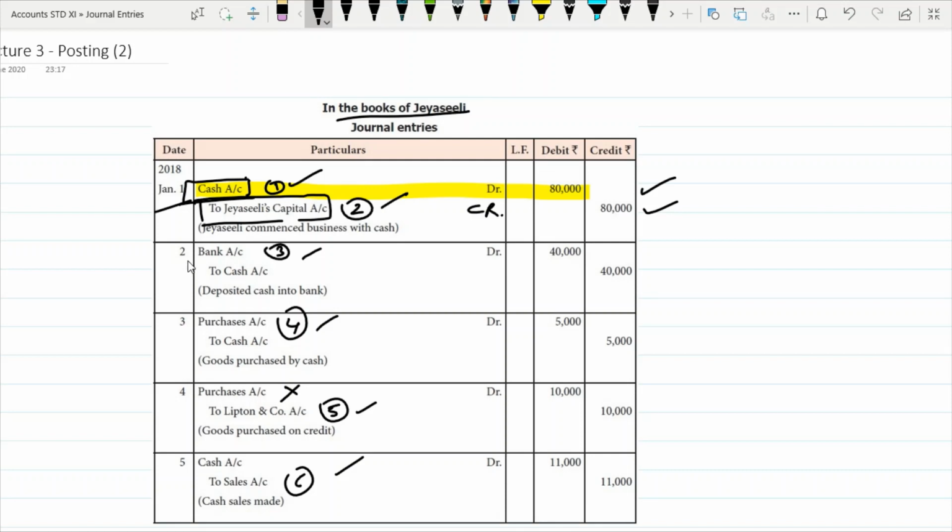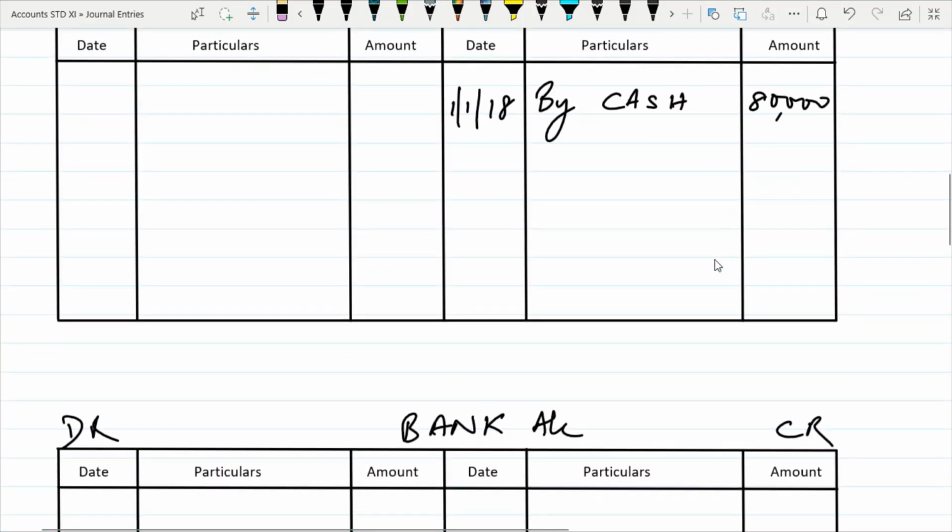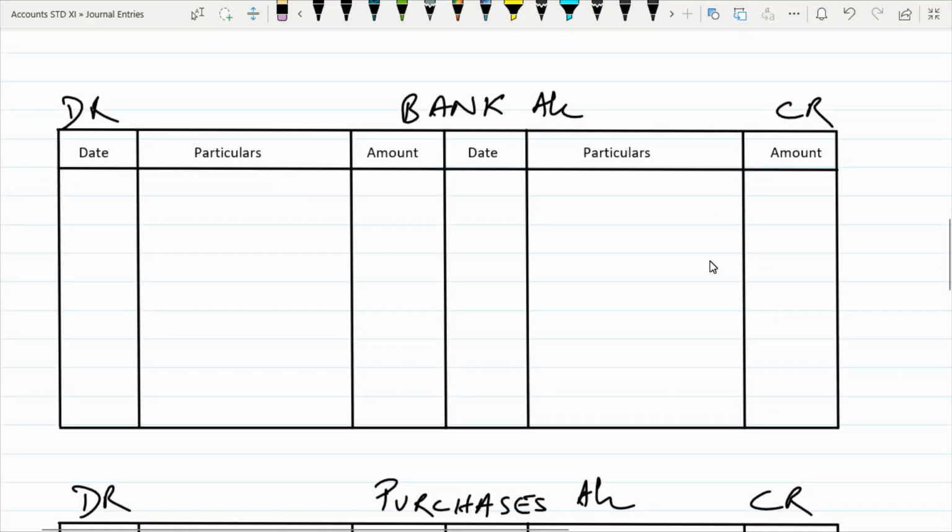Let us go to the third. Third is bank account. So bank account is debit by how much? 40,000. So let us go to bank. Now which is the debit side? This is the debit side. So we have to write on the debit side by how much? 40,000. So first thing we write 40,000. Then we put the date.